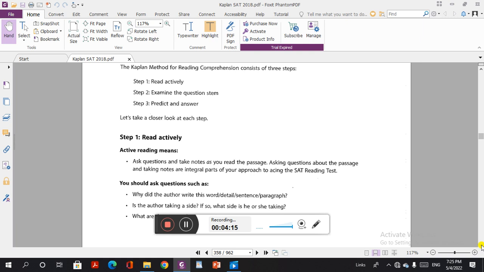What about step 2 exactly? You have to examine the question stem. Mister, I understand 70%. I'm a super reader now. So what should I do next, mister? Yes, you have to go to the questions. Check the questions. Check some keywords.